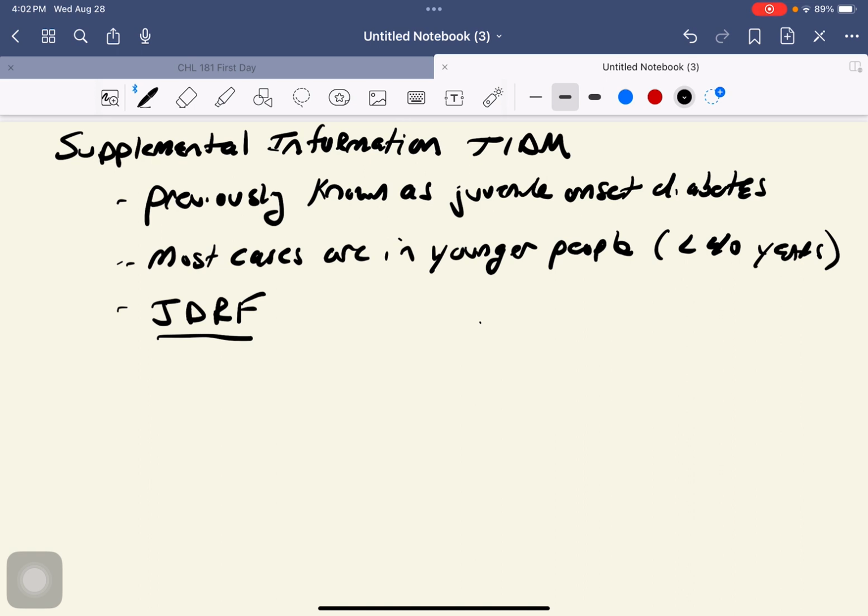Let me just check my notes. I know that's a lot of information I just foisted at you. In general, I think we'll pause here. I'm going to transition to type 2 diabetes in a separate section.